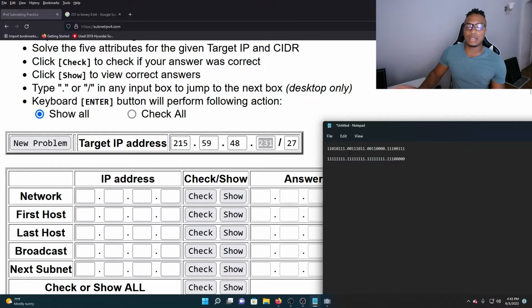Starting out, you write down the IP address, and the easiest way of saying this, I think, is you have to match the ones from the IP address and the subnet mask.